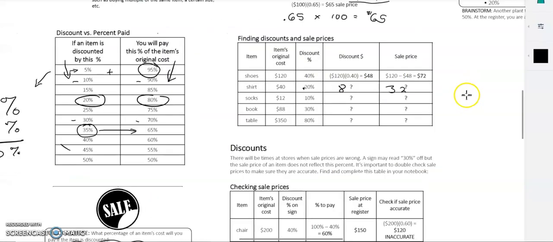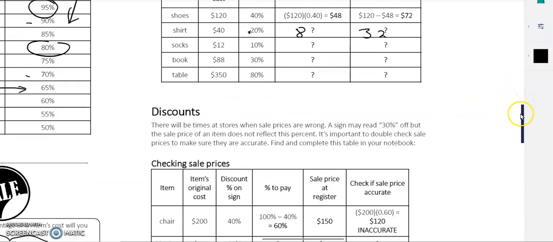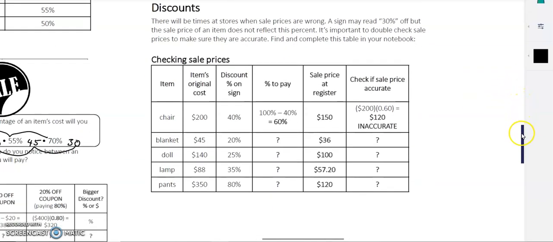Now, here's the one that I want to end on. We may not get to finish this packet today. But what I want you to do is figure out whether or not these sale prices at a store are correct. Did they do their math correctly? So we start off with a chair. It's $200 as far as the price tag goes.